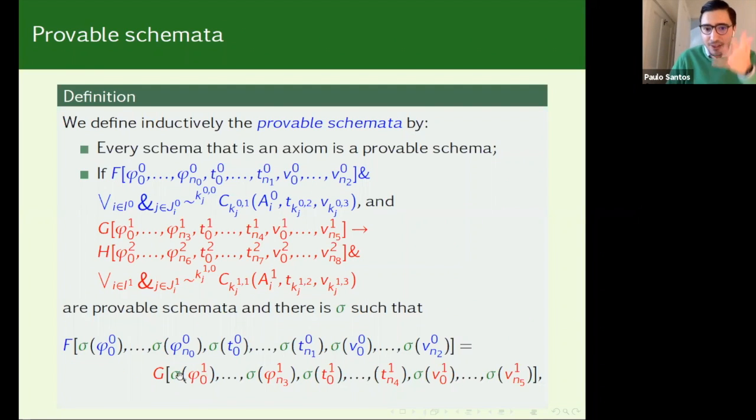With this naive view, if sigma of F is equal to sigma of G and F is provable and G implies H is provable, in a very intuitive way, one feels that one should also say that sigma of H is provable, and that is simply what we do.